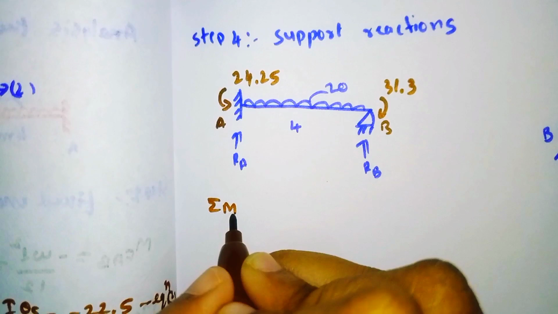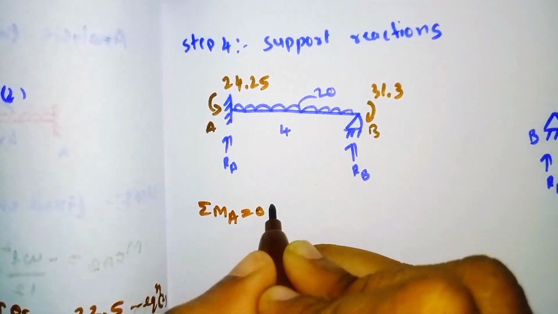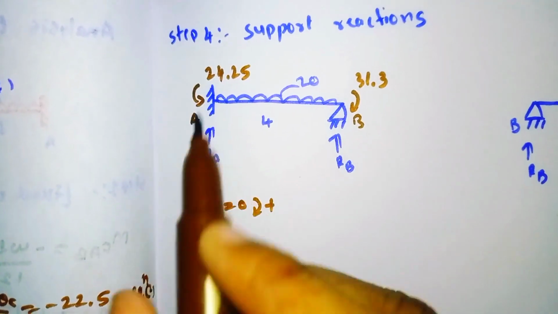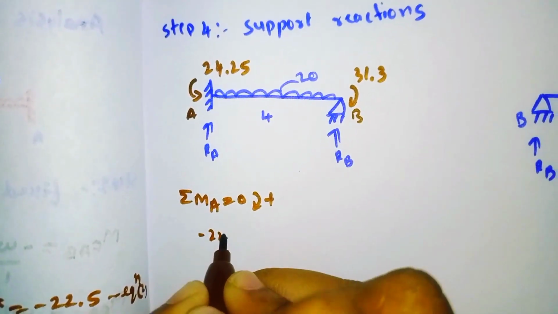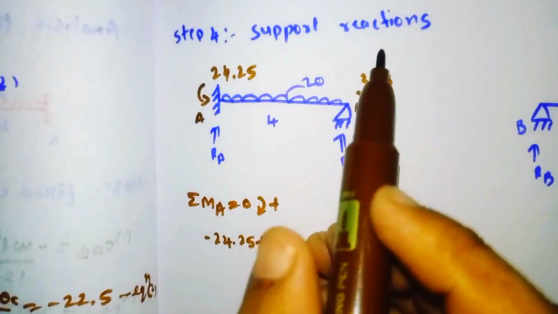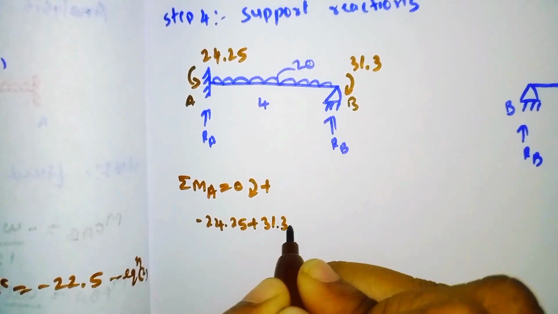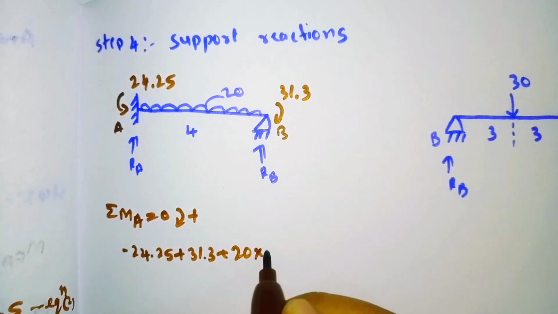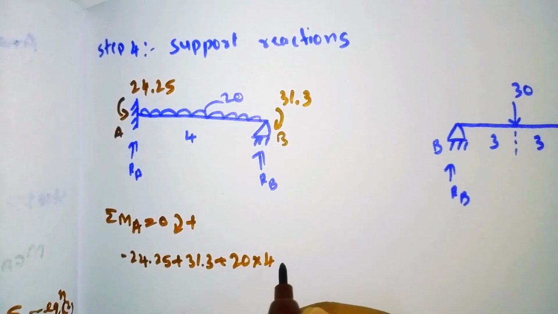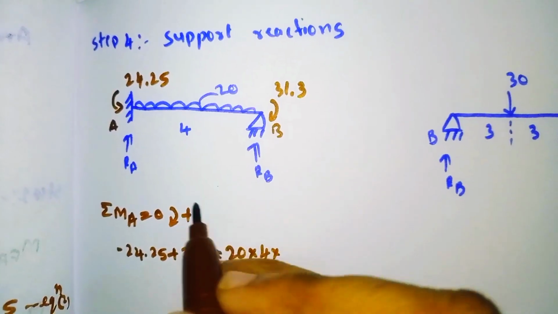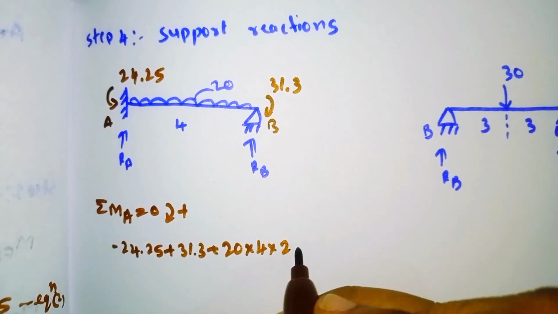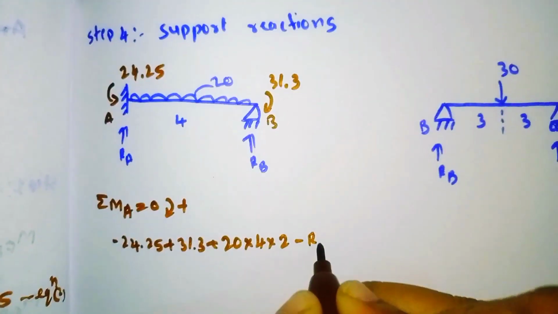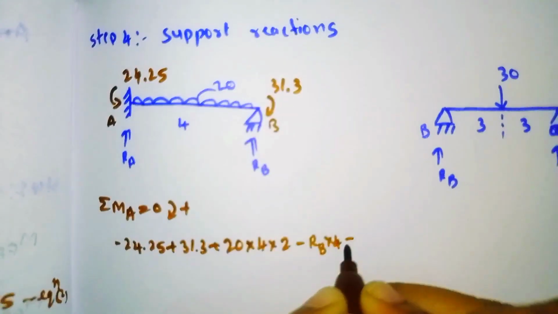Summation of moment about A is equal to 0, clockwise rotation positive. So it is anti-clockwise, means minus 24.25, it is clockwise 31.3 plus the UDL is acting, so 20 into, at a distance of 4, it always acts at the distance of L by 2, means 2, minus RB into distance 4, RB into 4 is equal to 0.